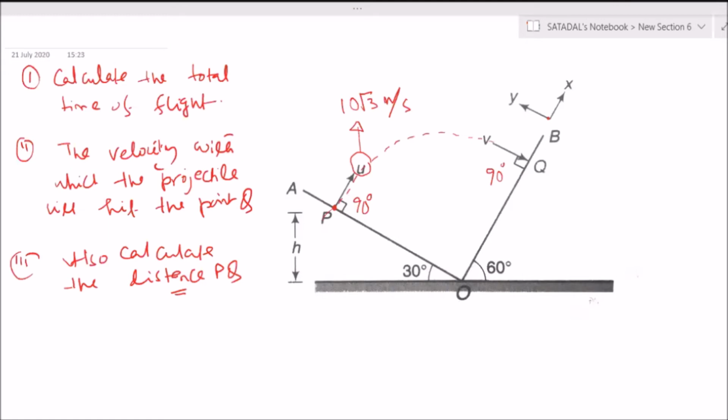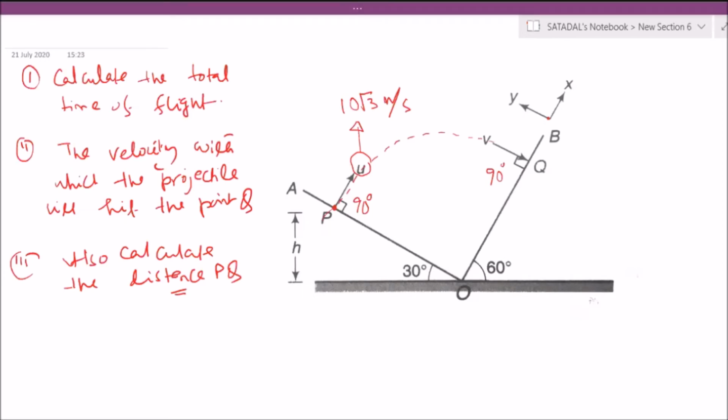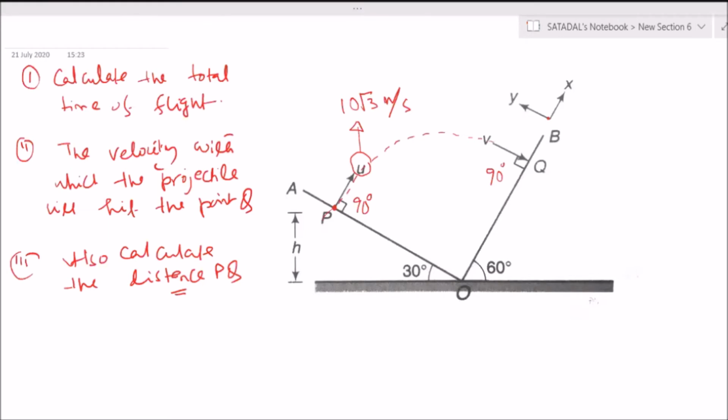Tejesh? Sir, is distance 15 root 3 meters, sir? No, Tejesh. Check the calculation. Okay? Yes, Shiva? Sir, is time of flight 4 root 3 seconds?